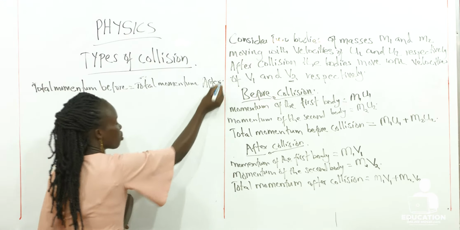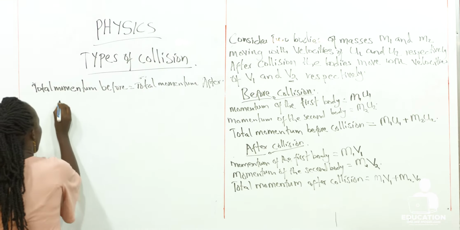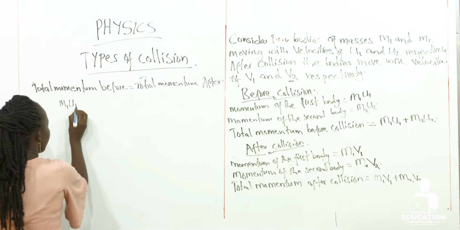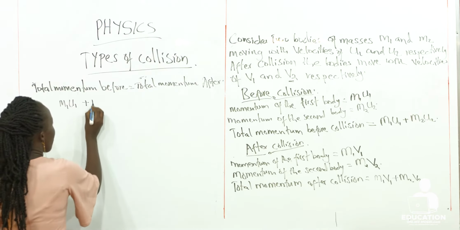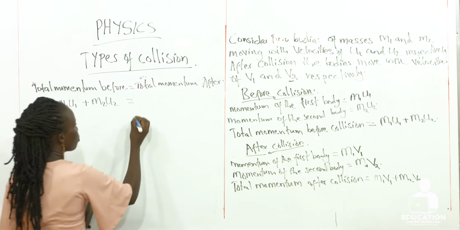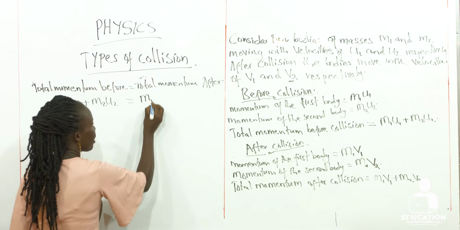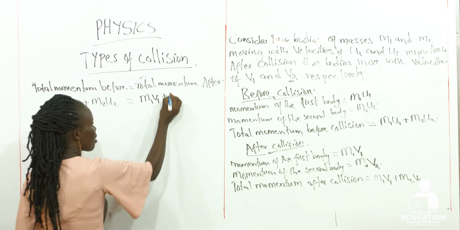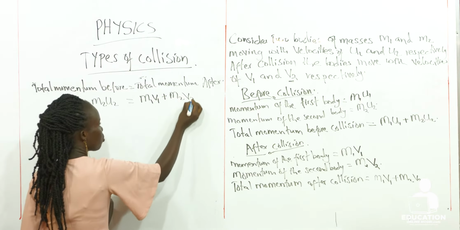Before collision, we had M1 U1 plus M2 U2, which will be equal to M1 V1 plus M2 V2.